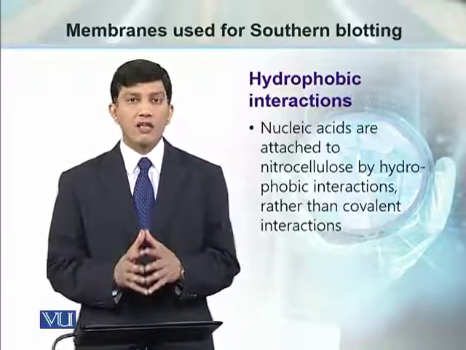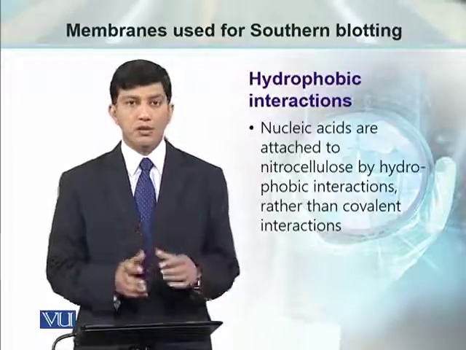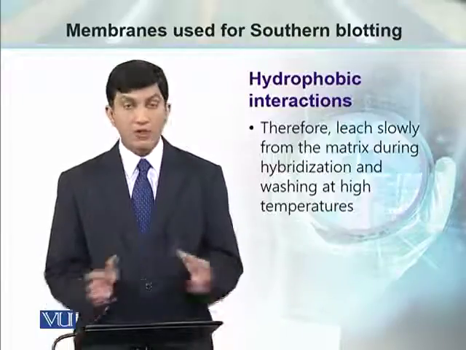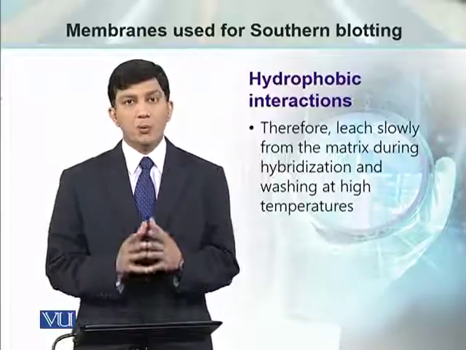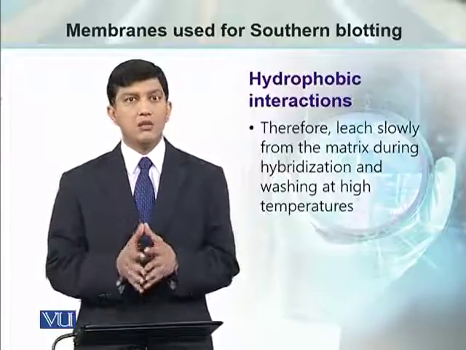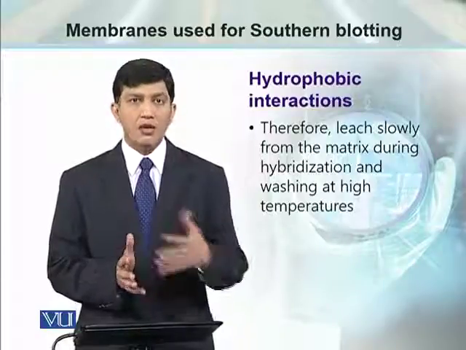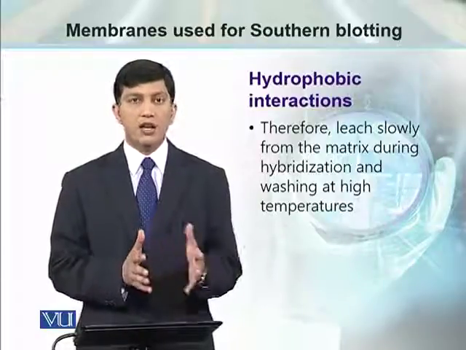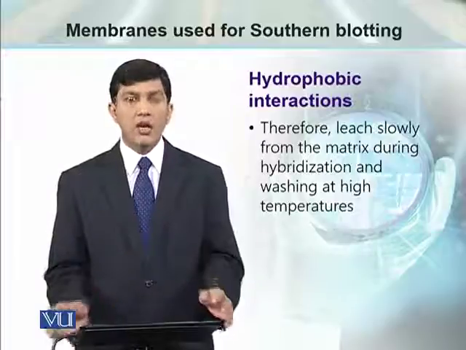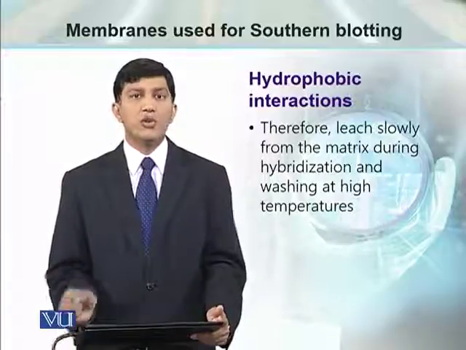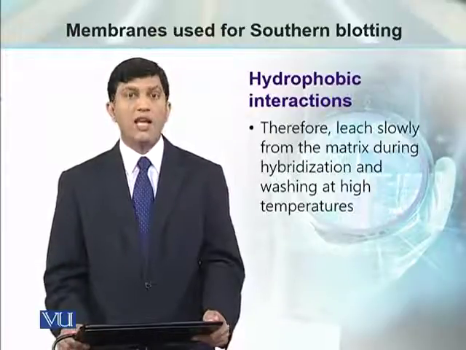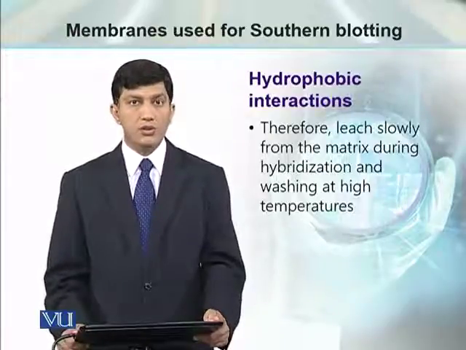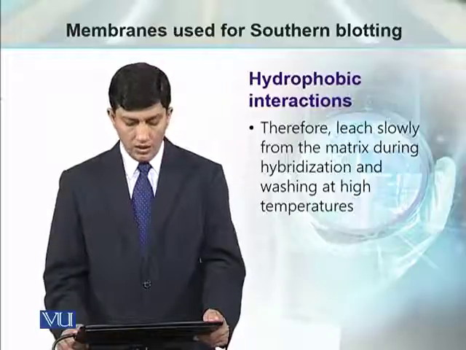So the drawback is that when we proceed further for hybridization, this kind of interaction cannot withstand the high temperatures and the washing steps during the hybridization and post-hybridization steps. Ultimately, the RNA or the DNA is going to leach out of the membrane and the actual results or the actual signals cannot be recorded.